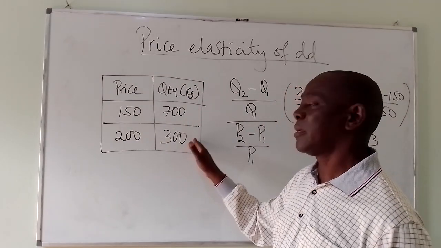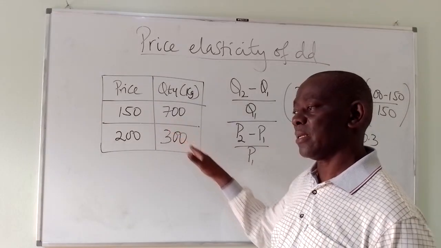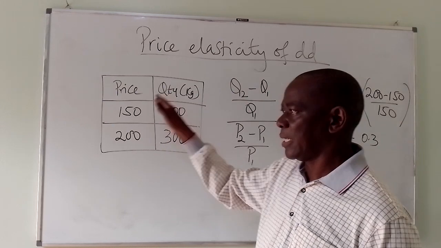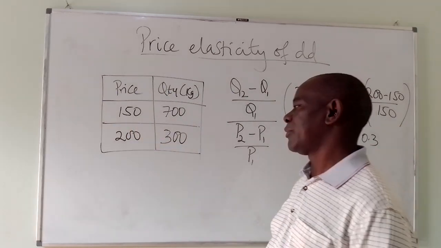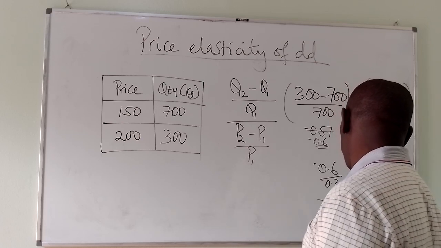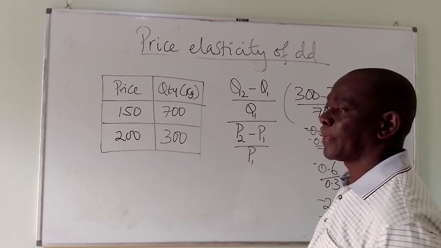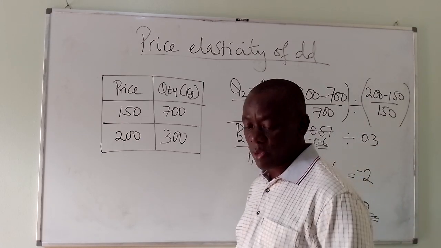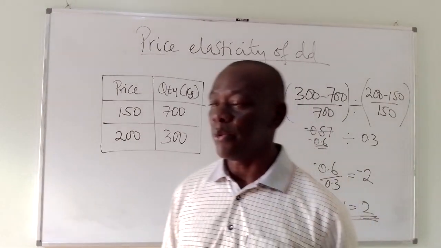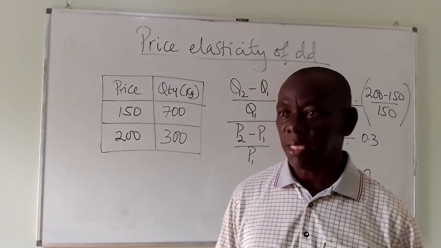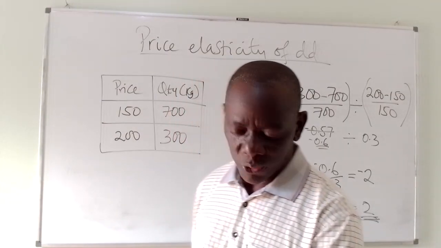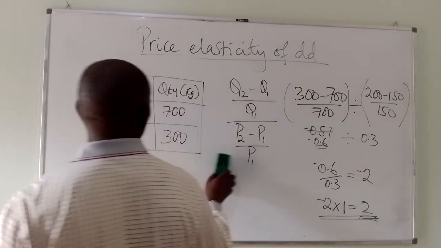So this one has a negative trend. Because you are dividing the negative by the positive, you get a negative figure. But elasticity is presented as a positive figure. That's why you have to multiply it by negative 1 to get a positive figure.